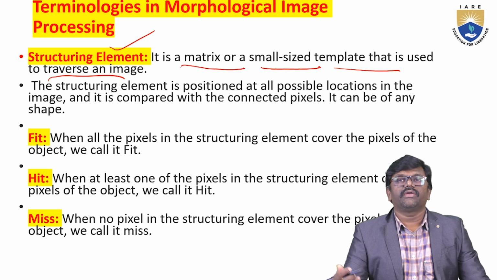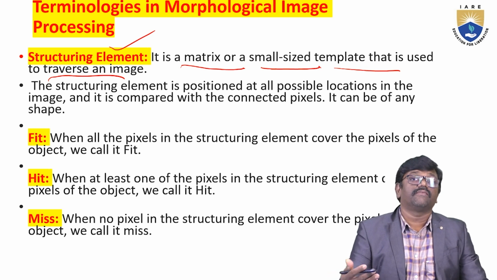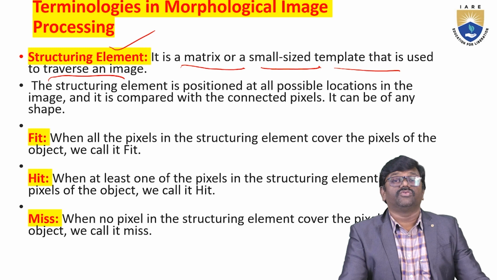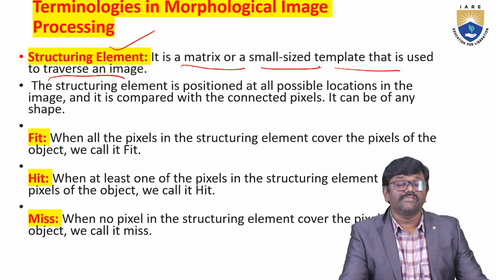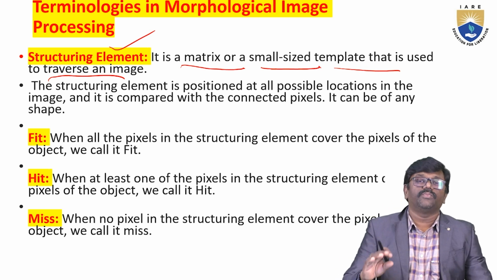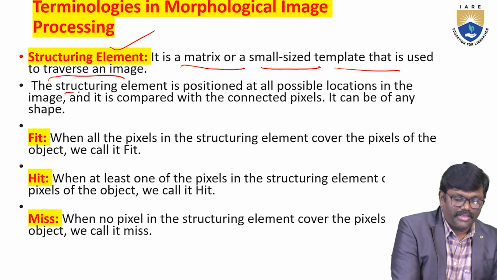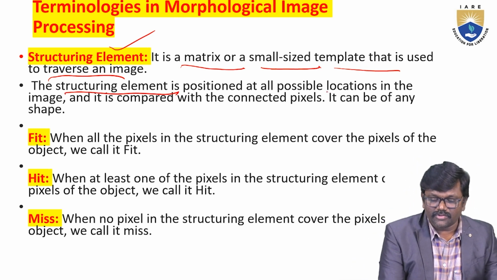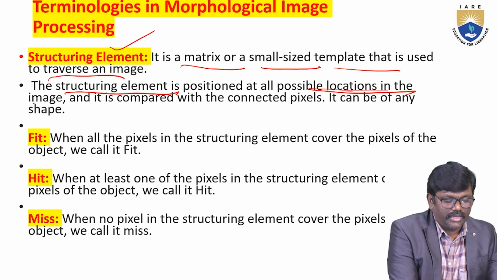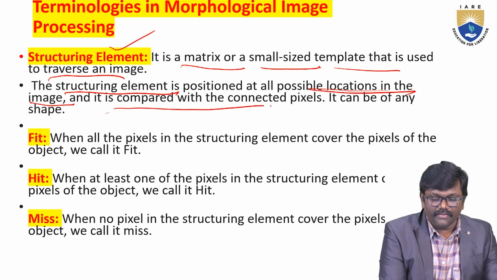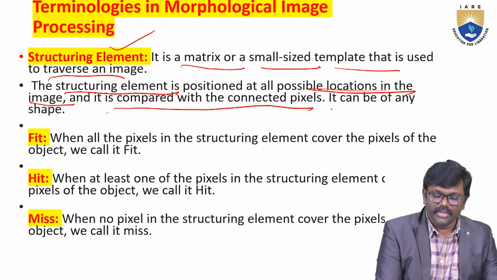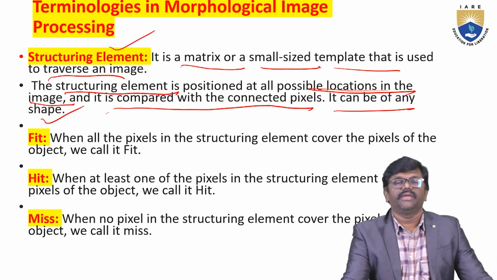So that is called a structuring element. What do you mean by structuring element? It is a form of matrix values, a small size template used to traverse an image. The structuring element is positioned at all possible locations in the image and it is compared with the connected pixels. It can be of any shape.